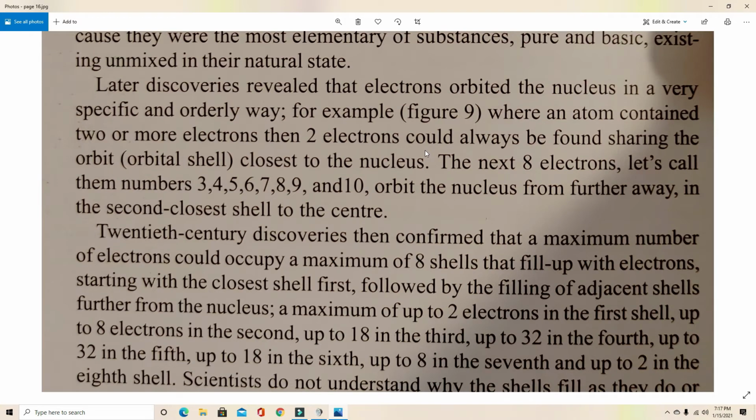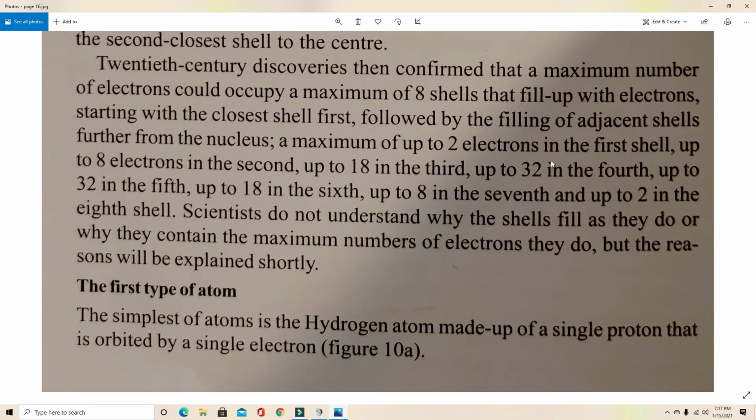For example, figure 9, where the atom contains two or more electrons, then two electrons can always be found sharing the orbital shell closest to the nucleus. The next 8 electrons, let's call them numbers 3 through 10, orbit the nucleus from further away, the second closest shell to the center. 20th century discoveries then confirmed that a maximum number of electrons could occupy a maximum of 8 shells that fill up with electrons, starting with the closest shell first, followed by the filling of an adjacent shell further from the nucleus.